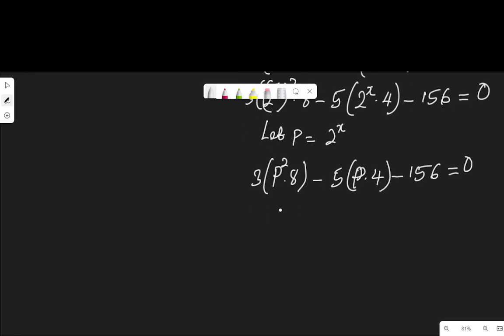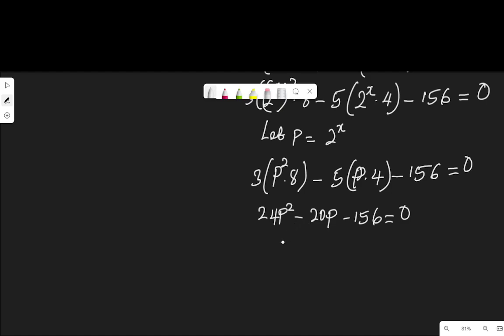p squared multiplied by 8 is 8p squared, and 8p squared multiplied by 3 is 24p squared, and minus 4p times 5 is 20p, and minus 156 equal to 0. This is quadratic now.